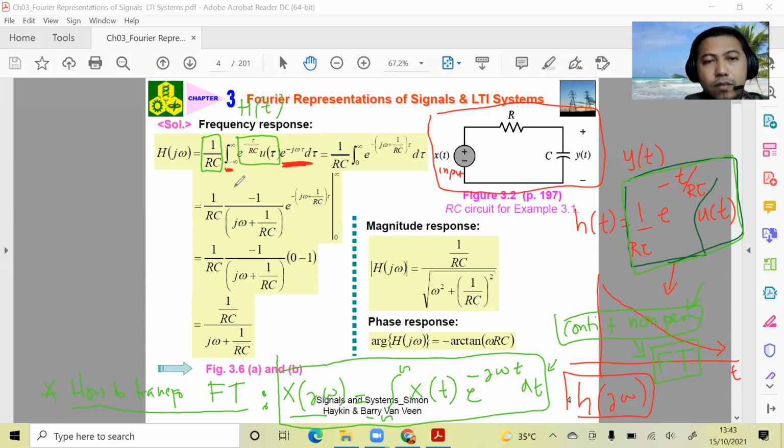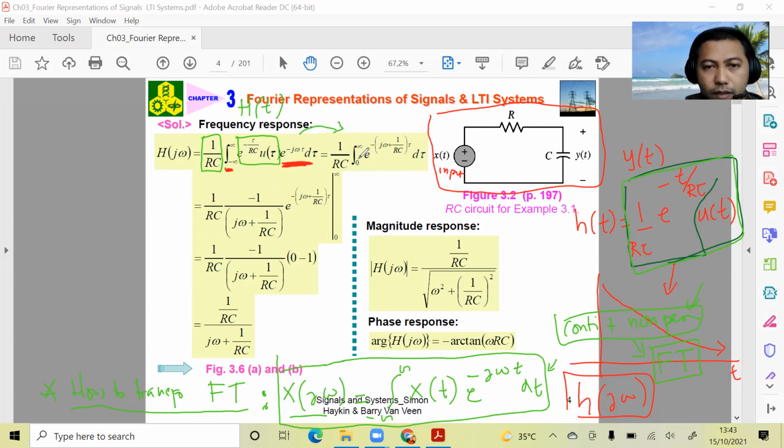So we simplify, we conduct the integration. This is a calculus integration.